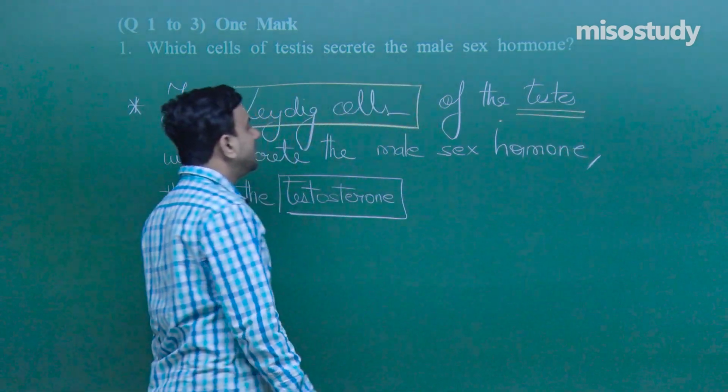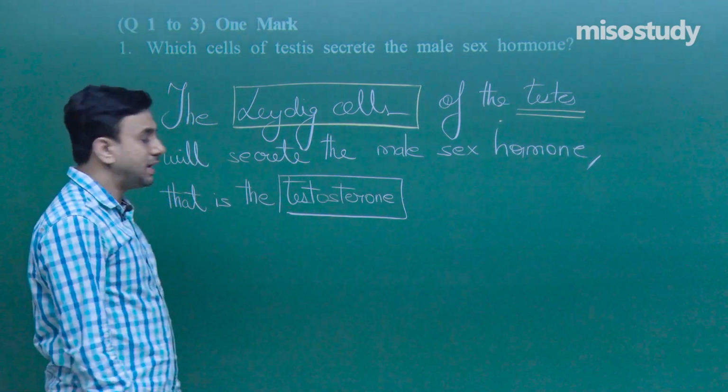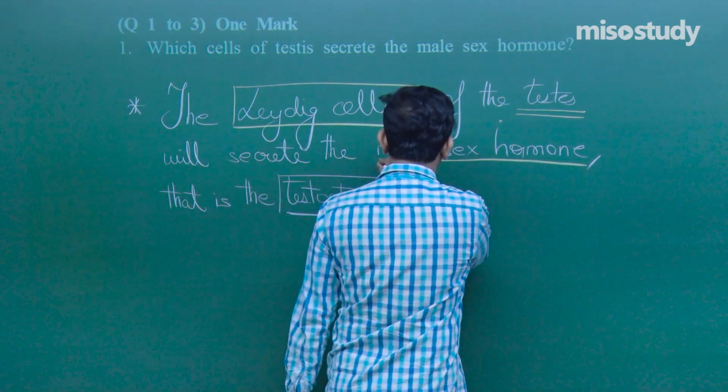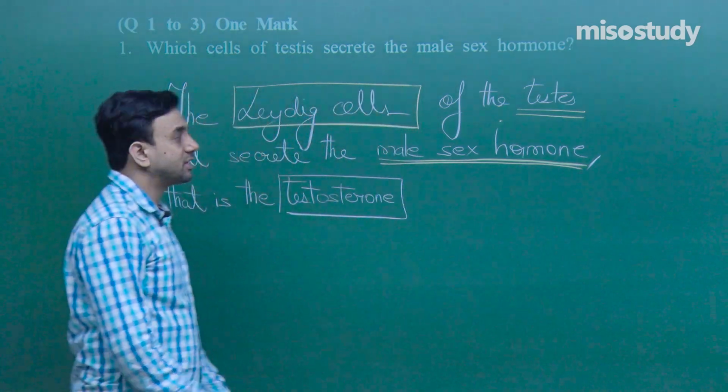So, it is the Leydig cells of the testes that will secrete the male sex hormone, that is the testosterone.